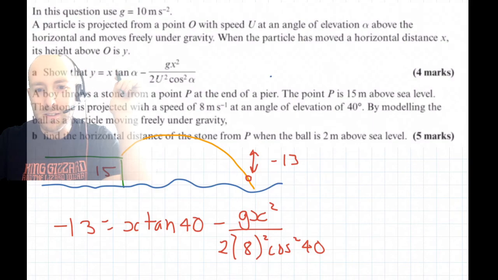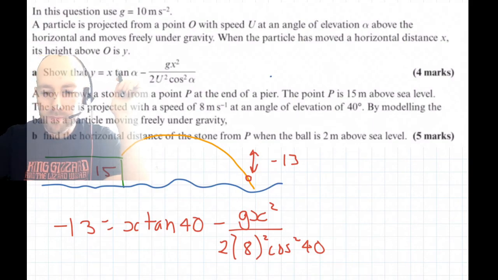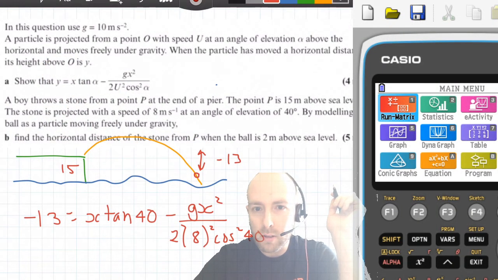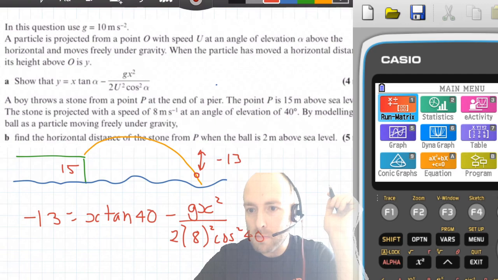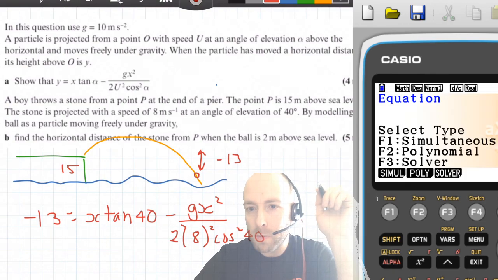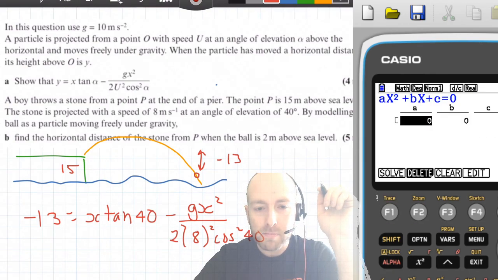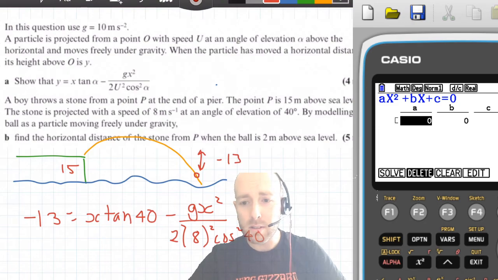What I then did, and this is a bit cheeky, is I got the old calculator, went to equation, polynomial, quadratic, and then I just typed it all in. So see what you think of this.